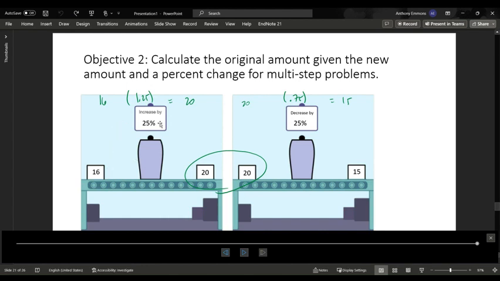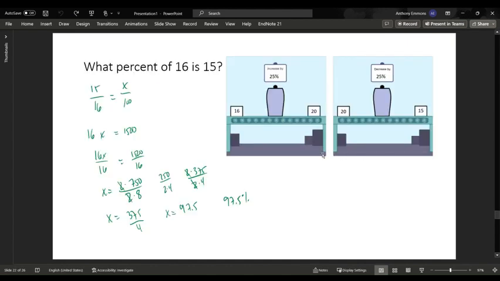We started with 16, multiplied by 1.25, we got to 20, and then we worked with that 20 again and decreased it by 25%, multiplied by 0.75, and got to 15. Well, do we have to even stop here if we're being asked to do multiple increases, multiple decreases, or one followed by the other? Maybe we don't have to do that.